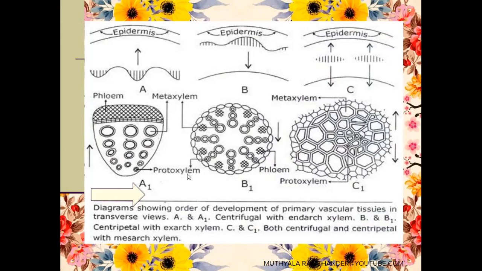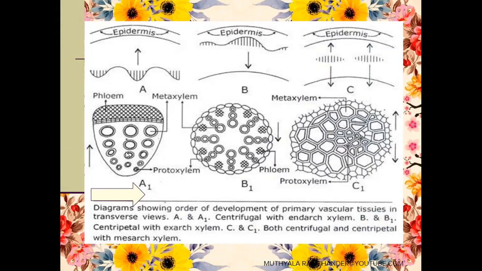Endarch protoxylem means the small-sized primary xylem, the protoxylem, is present towards the medullary region, the center region of the plant. At the same time, metaxylem is present outside, towards the epidermal region.